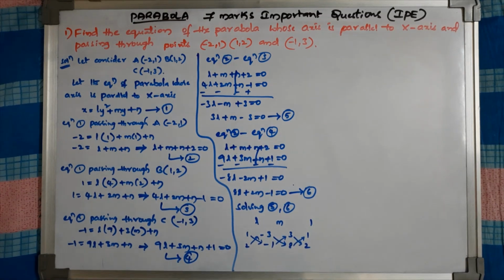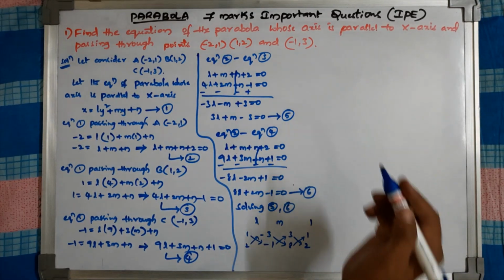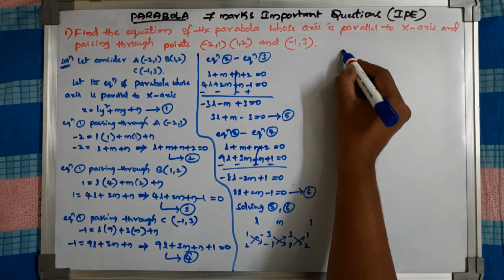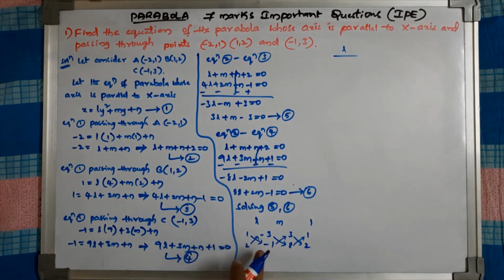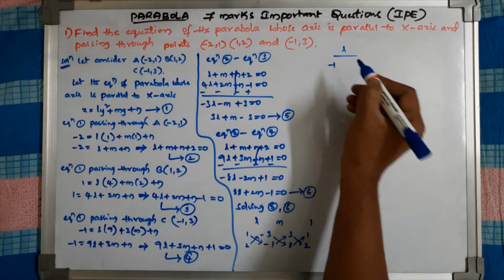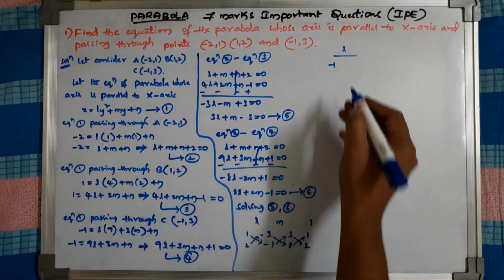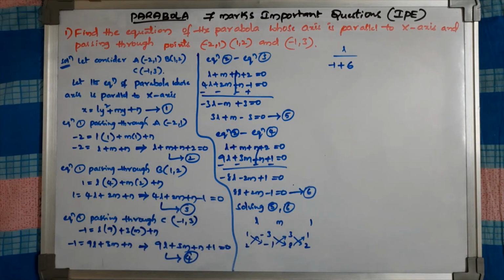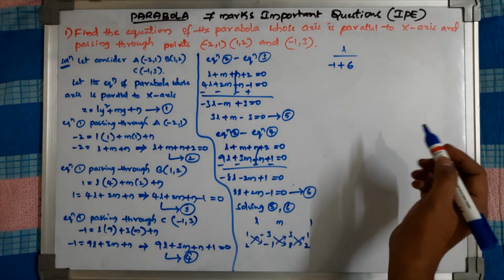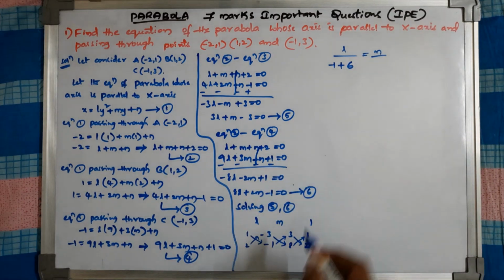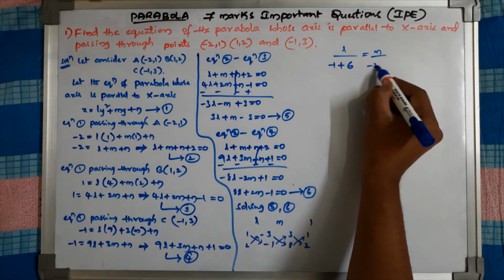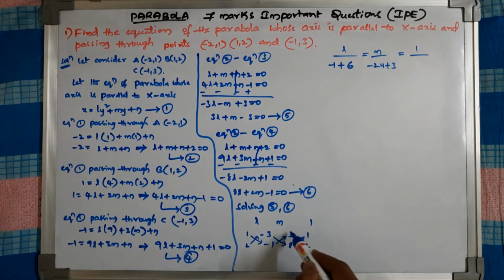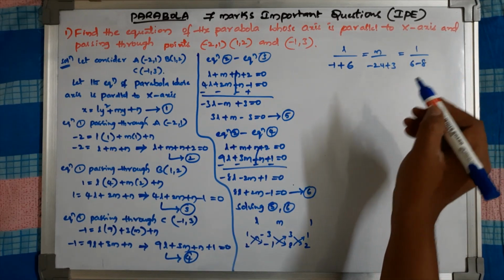L by cross multiplication, 1 into minus 1, minus 1, minus of minus 3 into 2, plus 6, minus into minus plus, is equal to m by minus 24 plus 3, is equal to 1 by 3 into 2, 6 minus 8.